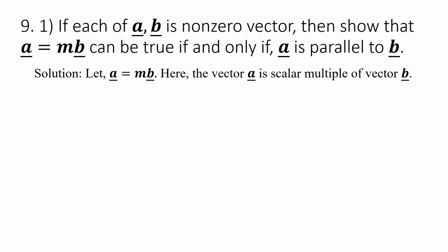We have already learned that when a vector is multiplied by a scalar quantity, the support of these vectors are same or parallel. So here the vector A is a scalar multiple of vector B.